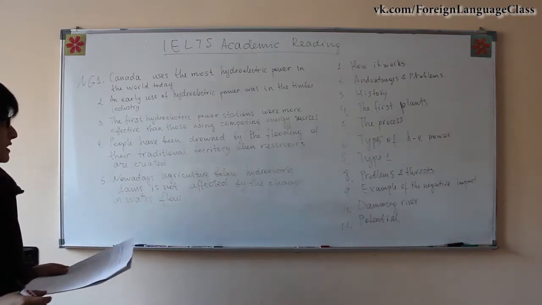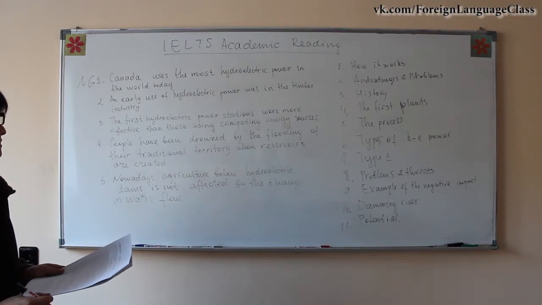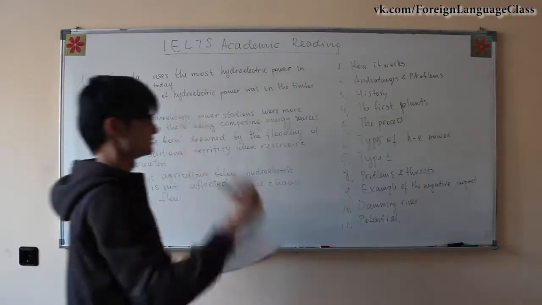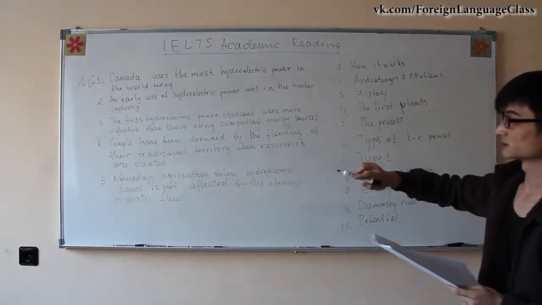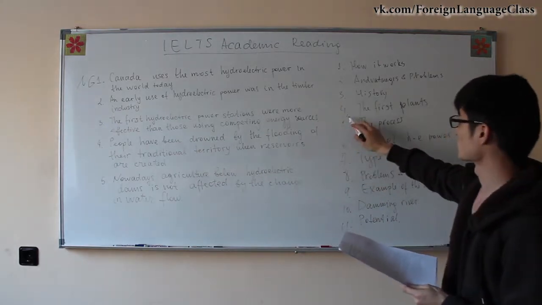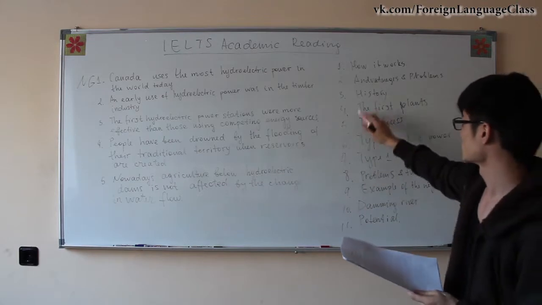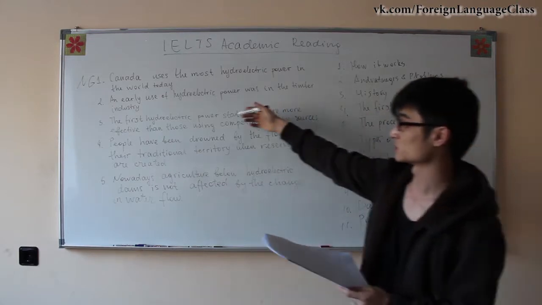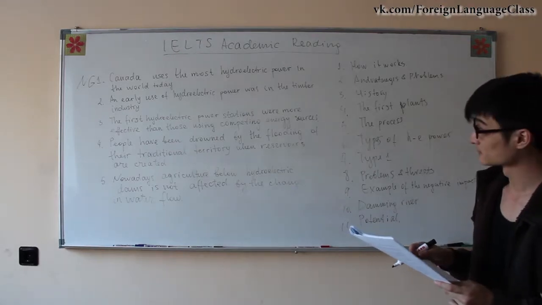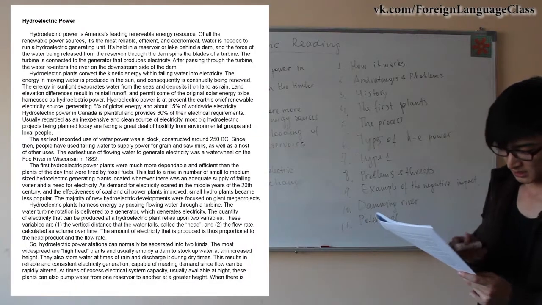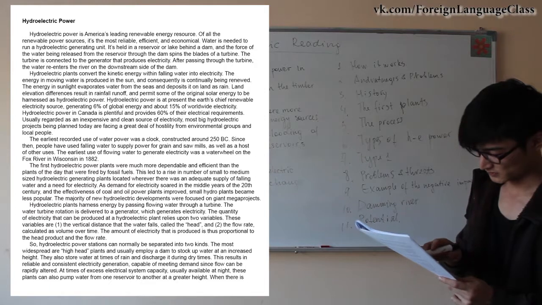An early use of hydroelectric power was in the timber industry. An early use means that we have to look for the information on this sentence in paragraph 3 or paragraph 4. History or the first plants, since we have the first early use. Okay, let's look. The earliest record use.